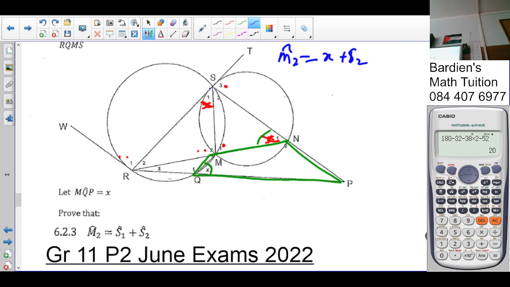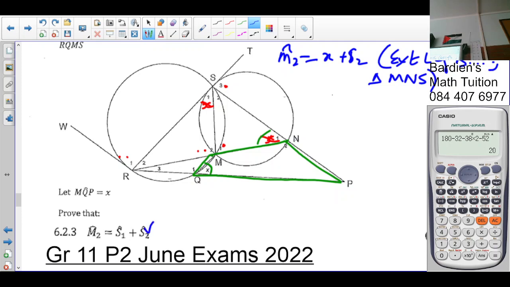Because the exterior angle of a triangle is equal to the sum of the two interior opposite angles, and this is triangle MNS. So there S2 is accounted for.